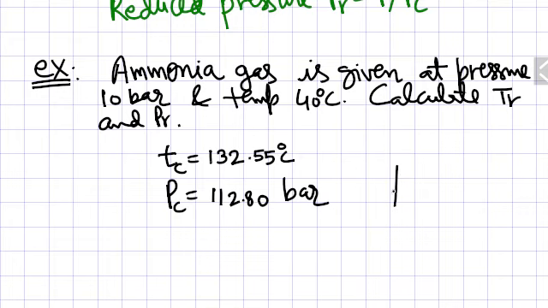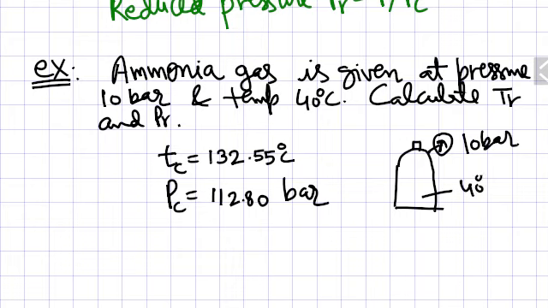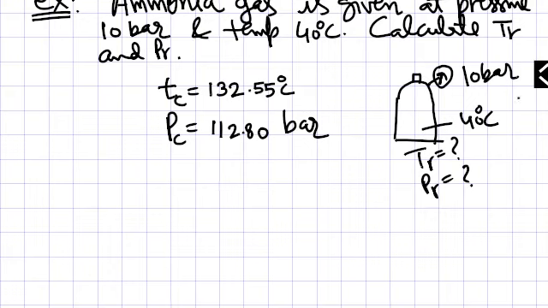So ammonia gas is there in a cylinder, and the pressure that it is showing is 10 bar, and the temperature of the cylinder is 40 degree centigrade. What you have to find is TR and PR of this gas, and critical data has been given to you like this.